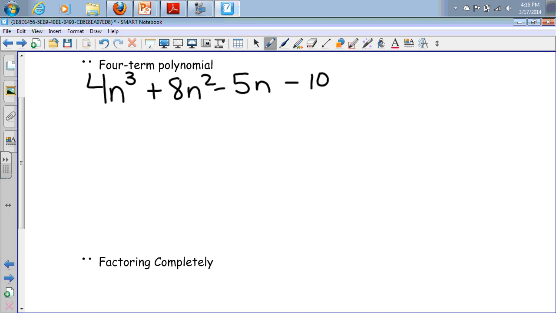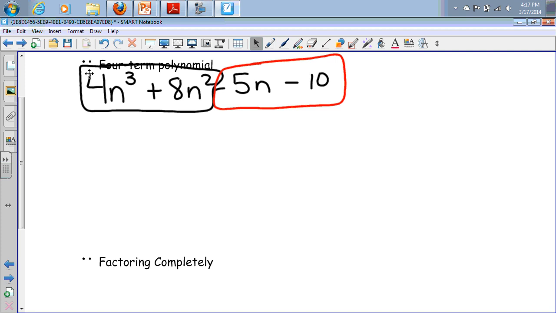Okay, a 4-term polynomial. First off, let's separate these into 2 groups of 2. So I have this group here, and I have this group here.